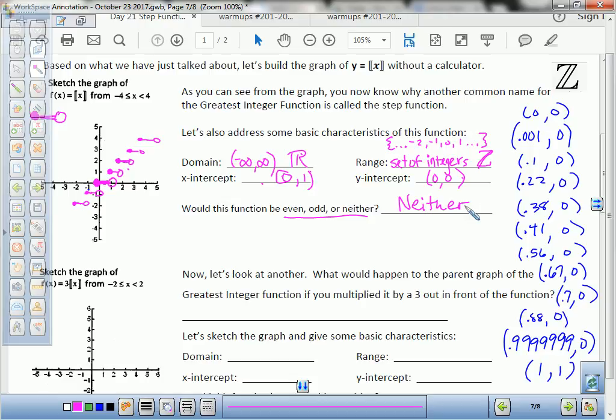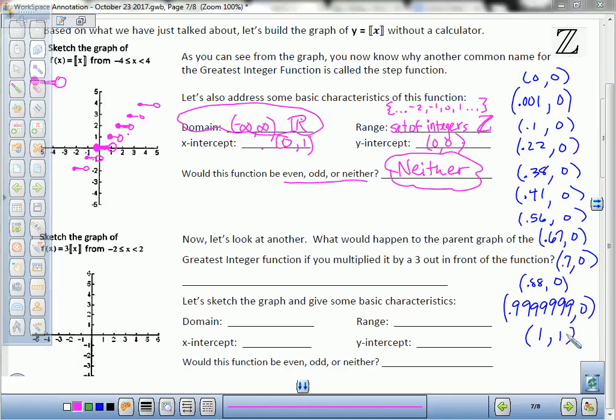The open end is now on the left side, and the closed is on the right. So odd doesn't work. And the same problem happens when we reflect it, right? If we reflect it over the y, it's not even close to even. So every single one of these is neither. They're all neither. And the domain of every single one of these is this, because we're not restricted.